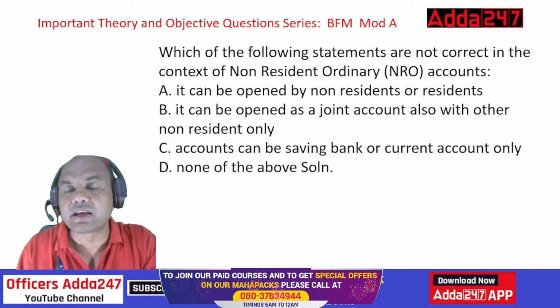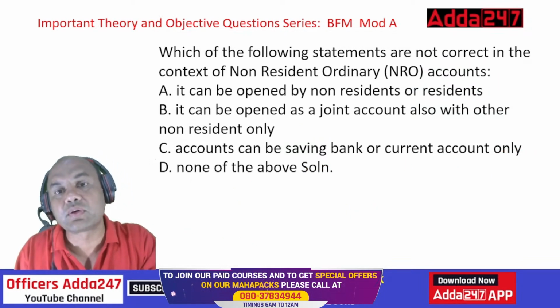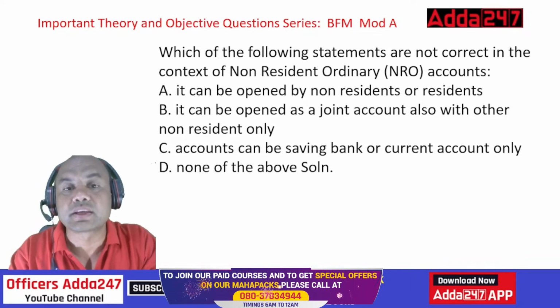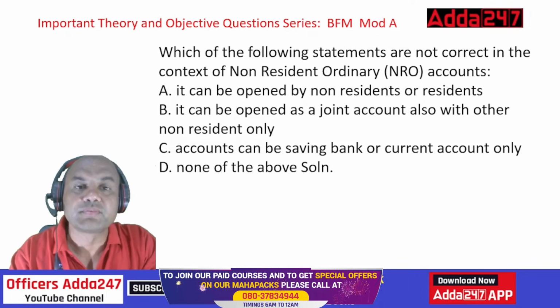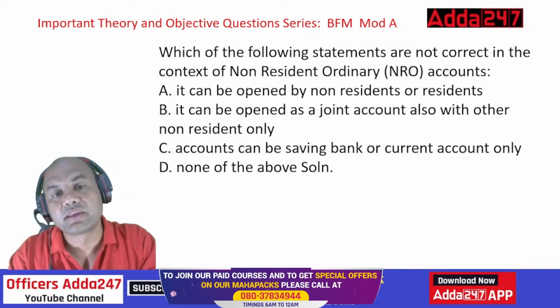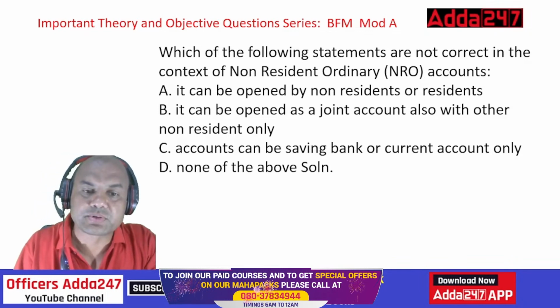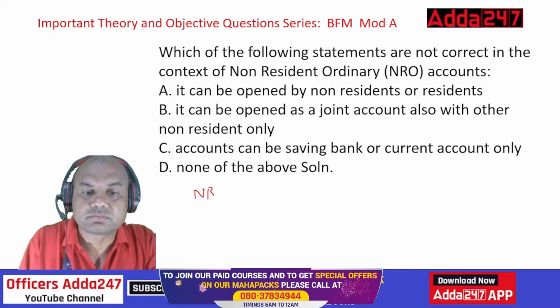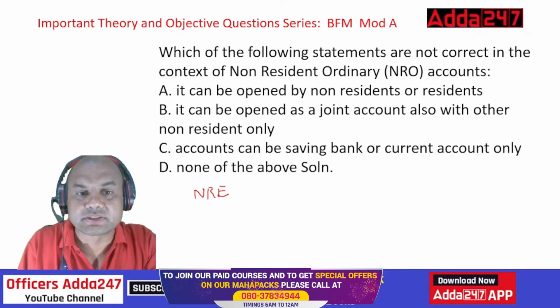See here, there are three types of accounts. One is NRE, NRO, and FCNR. FCNR means foreign currency non-resident account. In FCNR, we have only FD. Oh, you got this answer now?